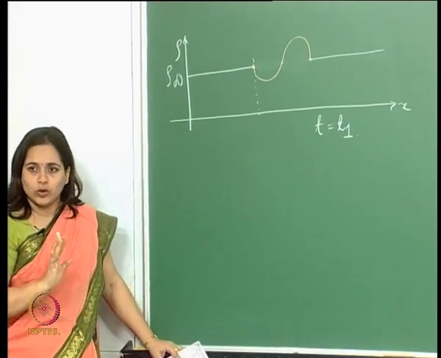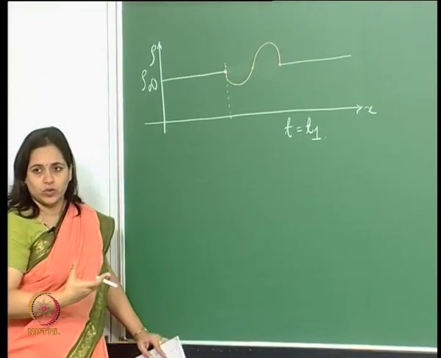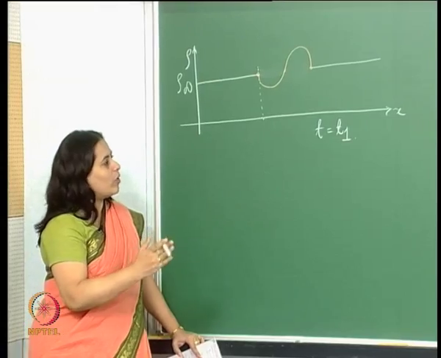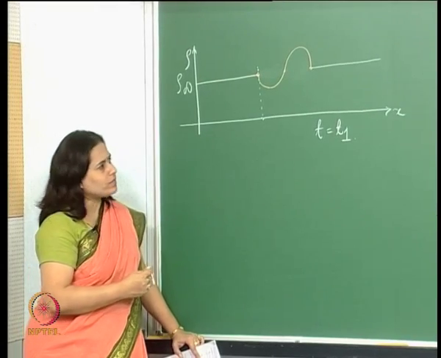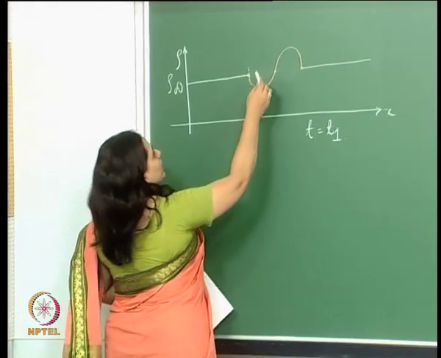There is nothing new, but the disturbance which is caused, what will it do? And also, when I look at it at another instant of time, forward from time t 1, what will this look like? That is what we are trying to study here.